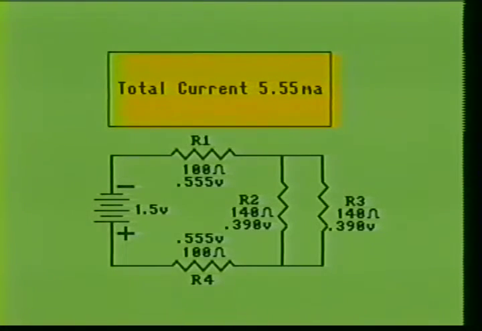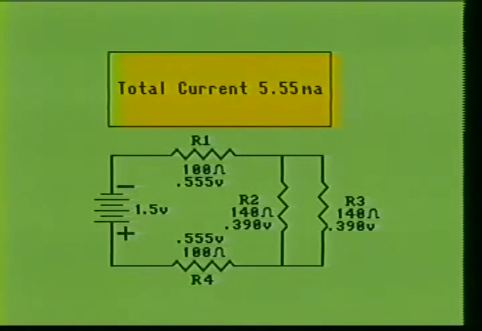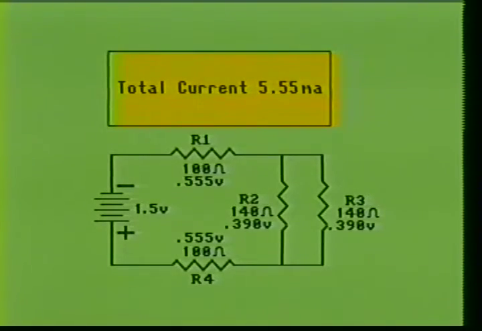We know that the resistors R1 and R4 are series resistors, so they will have 5.55555 milliamps of current flowing through them. Since R2 and R3 form a parallel circuit, the sum of these two currents must equal the series circuit flow. We also know that the voltage drop across both the components in a parallel branch will be the same.